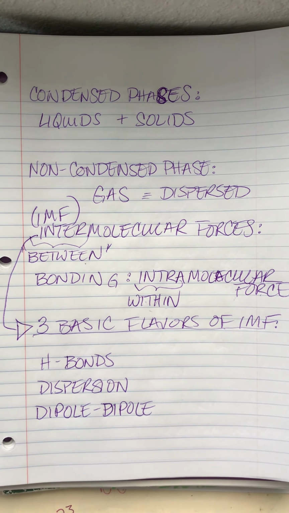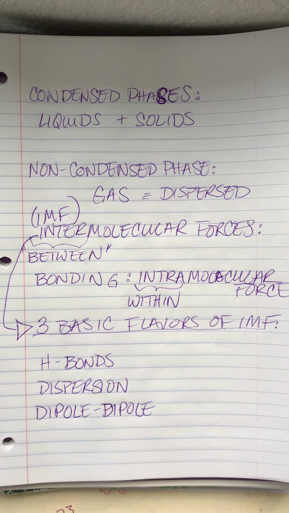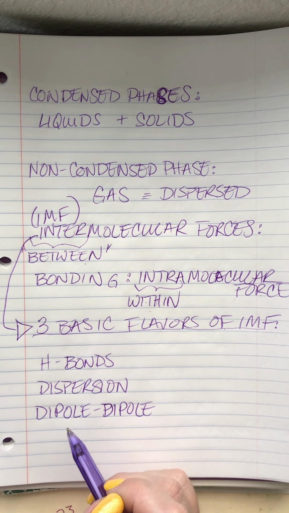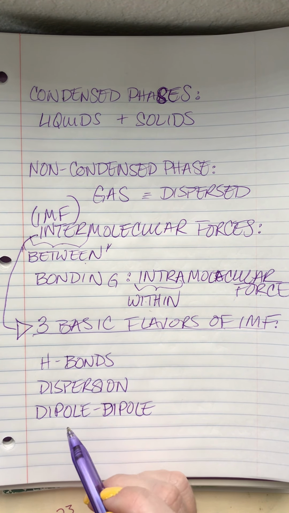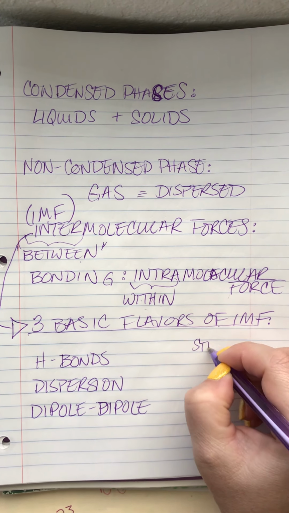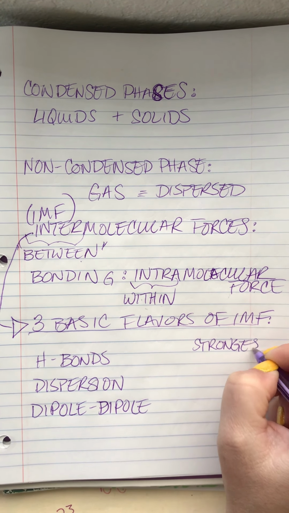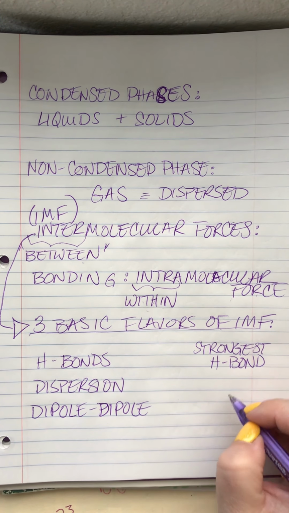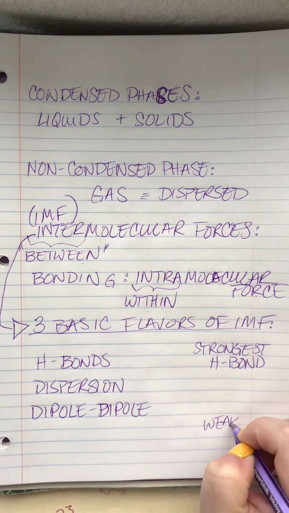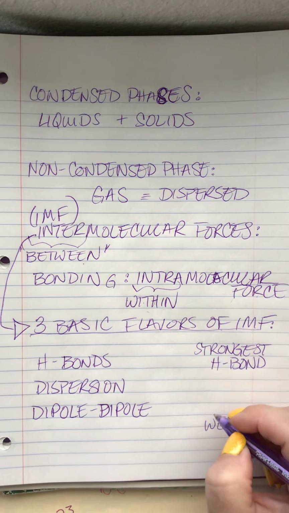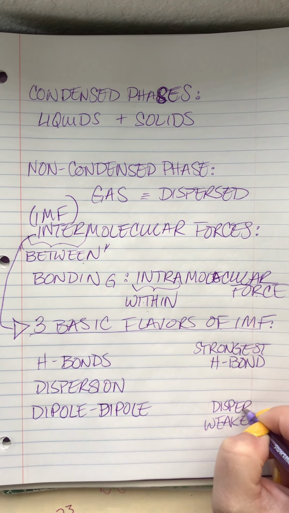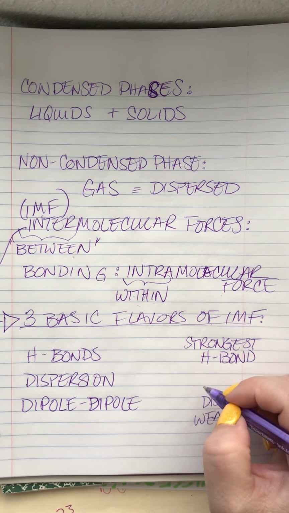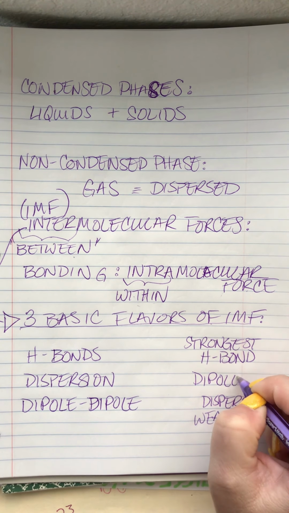Yeah, that's what I meant. You got it, it's okay. Okay, so in terms of strength, which one is the strongest? Hydrogen bonding, right? So strongest is hydrogen bonds. And weakest is the dispersion, or London, either one. And then in between there, we have the dipole-dipole.